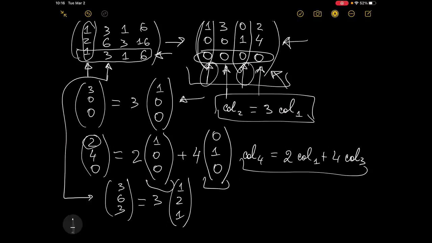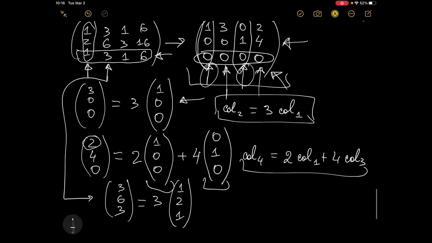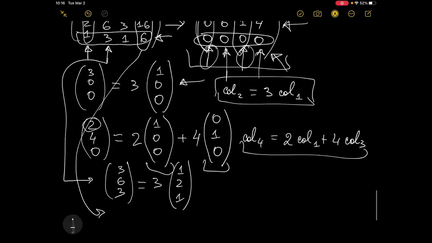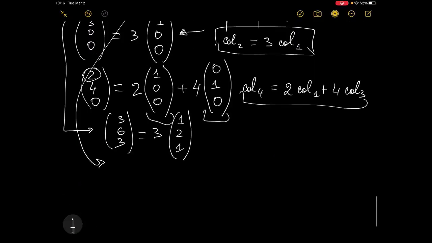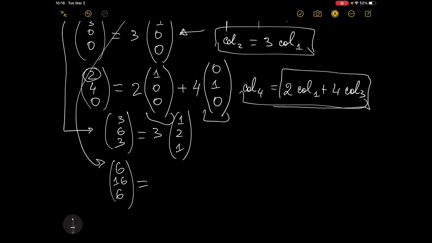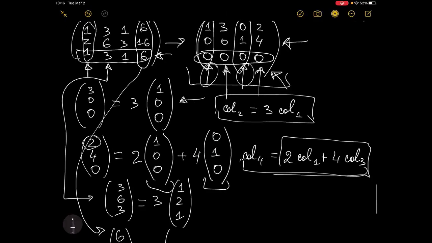Yes. And in the same way, column 4 here, 6, 16, 6, has to be equal to 2 column 1 plus 4 column 3, right? 2 column 1 is 1, 2, 1.